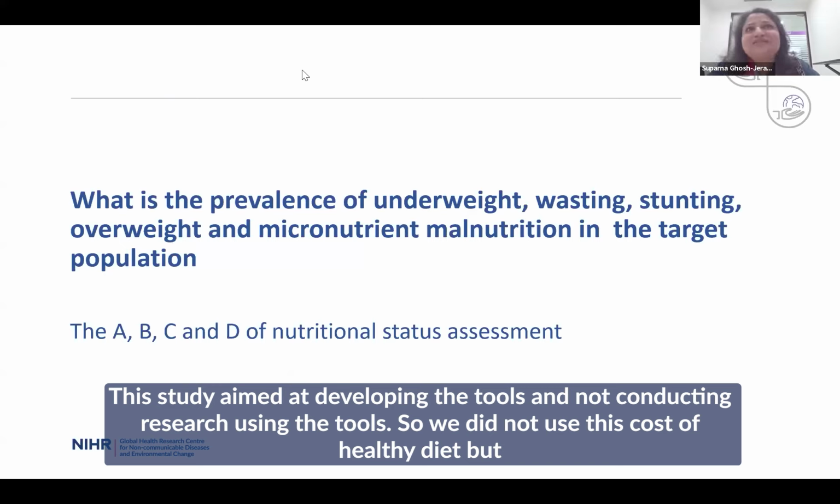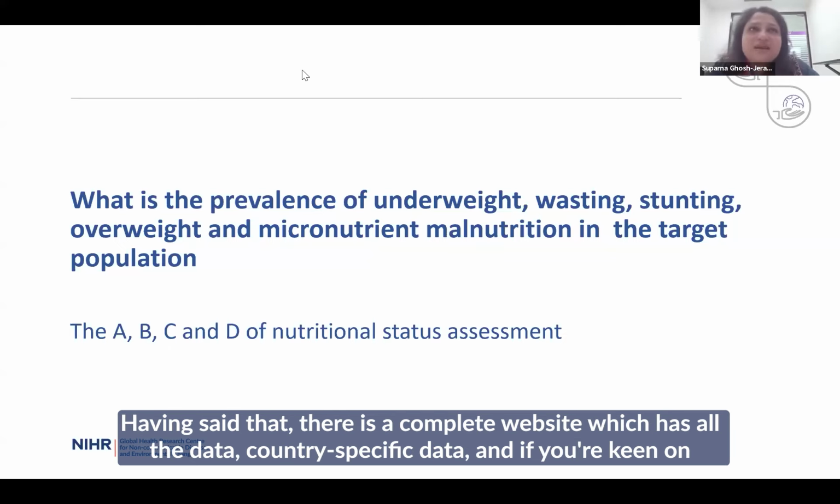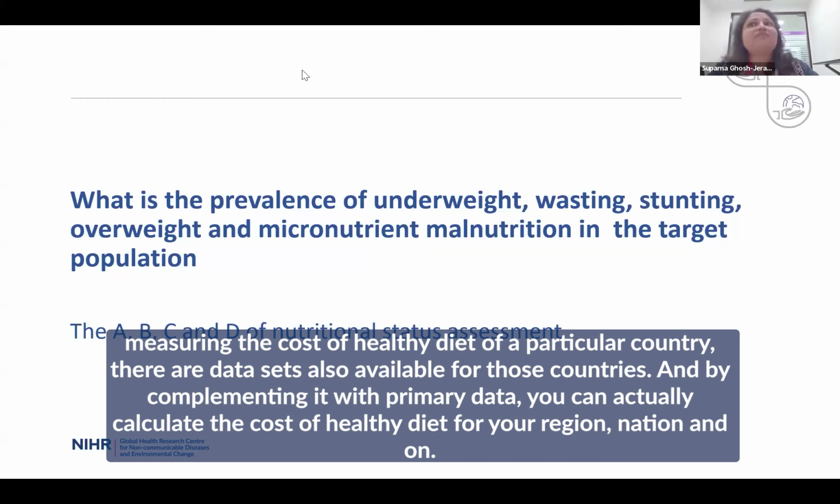So we did not use this cost of healthy diet, but having said that, there is a complete website which has all the data, country specific data. And if you're keen on measuring the cost of healthy diet of a particular country, there are data sets also available for those countries. And by complementing it with primary data, you can actually calculate the cost of healthy diet for your region, nation, and all.